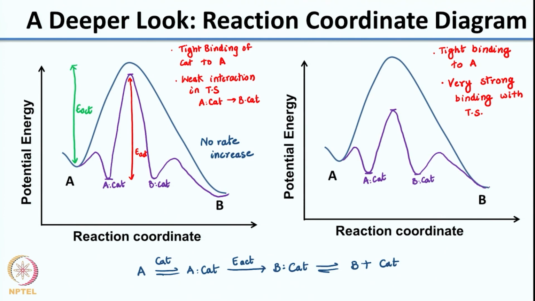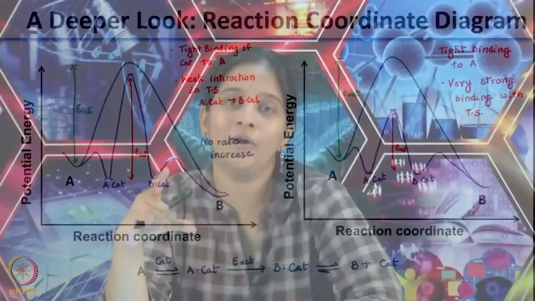So, now if you draw the red line and the green line, what do you see? If you draw the red line, this is the energy of activation, and if you draw the green line, this is for the uncatalyzed reaction. So, now you see the red line is much smaller than the green line, it is very visible.